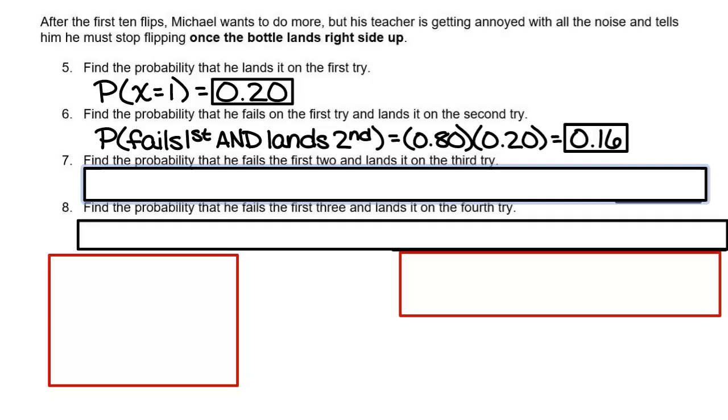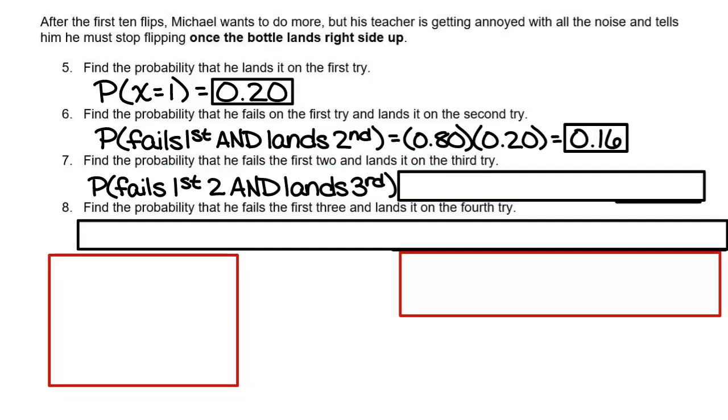Find the probability that he fails the first 2 and lands it on the third try. What would this look like? Probability: fails first 2, lands the third one. So now how many flips do we need to multiply the probabilities for? I have 3 total, right? Because he's flipping the bottle 3 times. He misses the first 2 and he lands the third one.